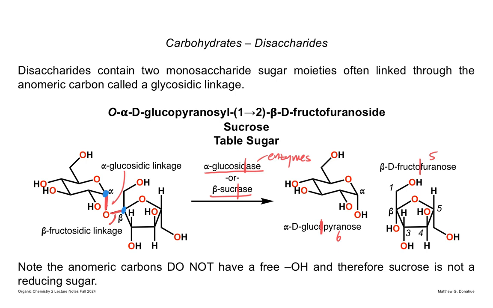If the anomeric carbon does have an OH group, it's called a reducing sugar. Since they do not, they're not reducing sugars.